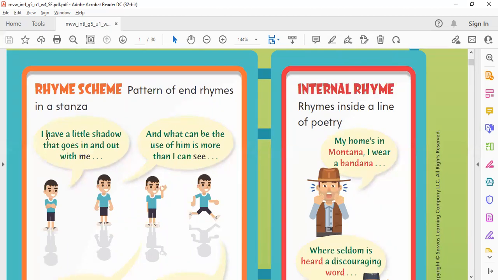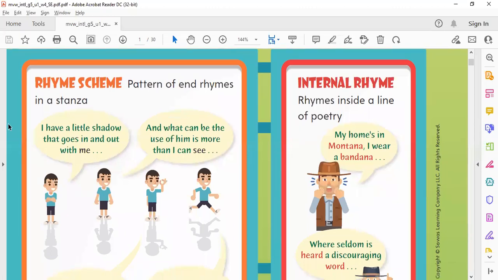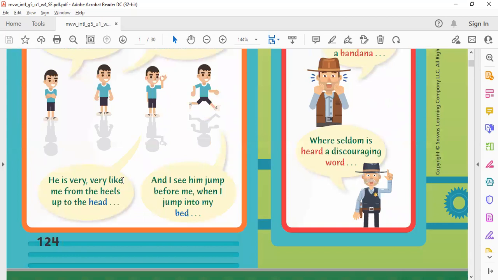Like here: "I have a little shadow that goes in and out with me, and what can be the use of him is more than I can see. He is very, very like me from the heels up to the head, and I see him jump before me when I jump into my bed."